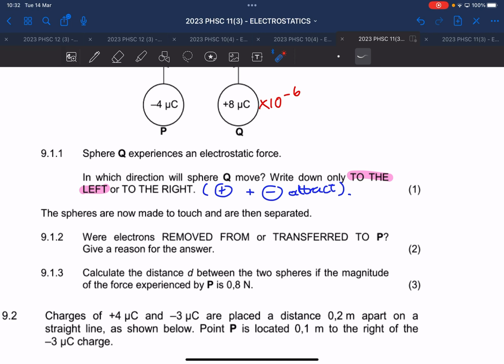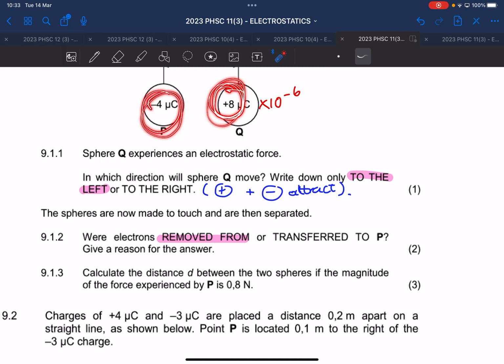It will be removed from. Now they ask, give a reason. Why? That happens when you listen to other people and you don't think. Can protons move? No, that's what I'm saying. So he says, ma'am, this one has excess protons, they can't move.